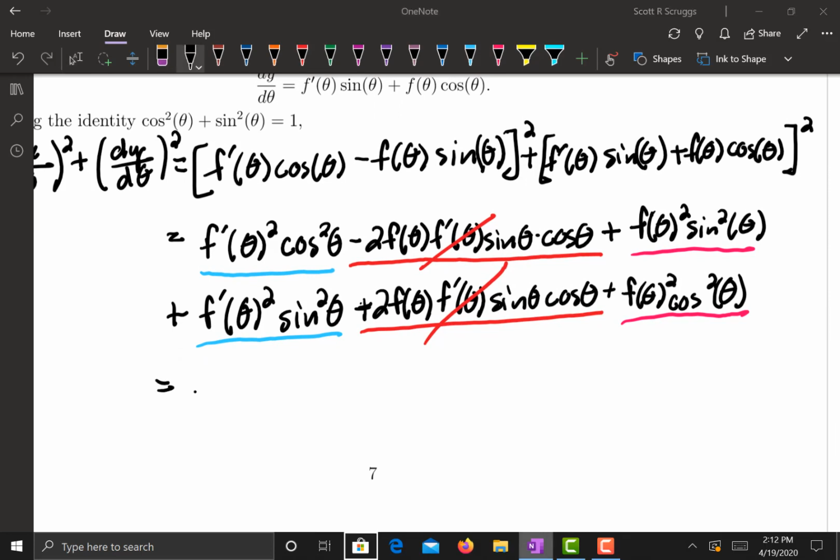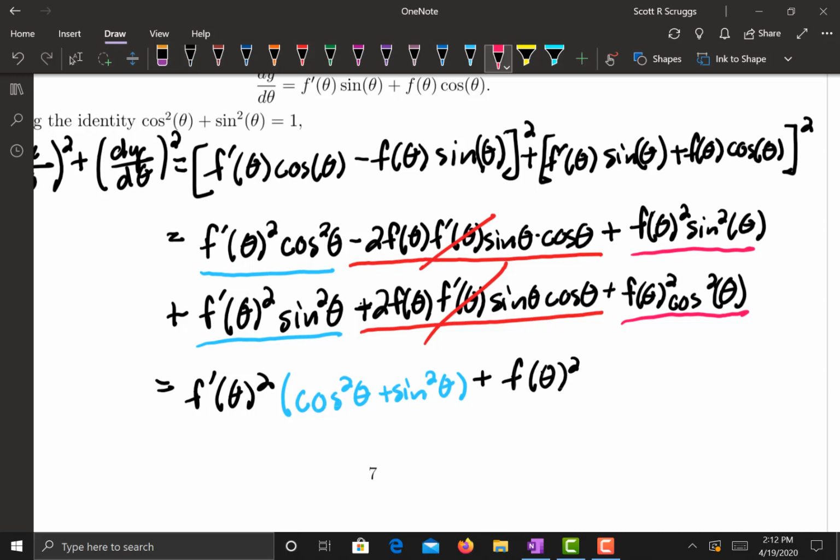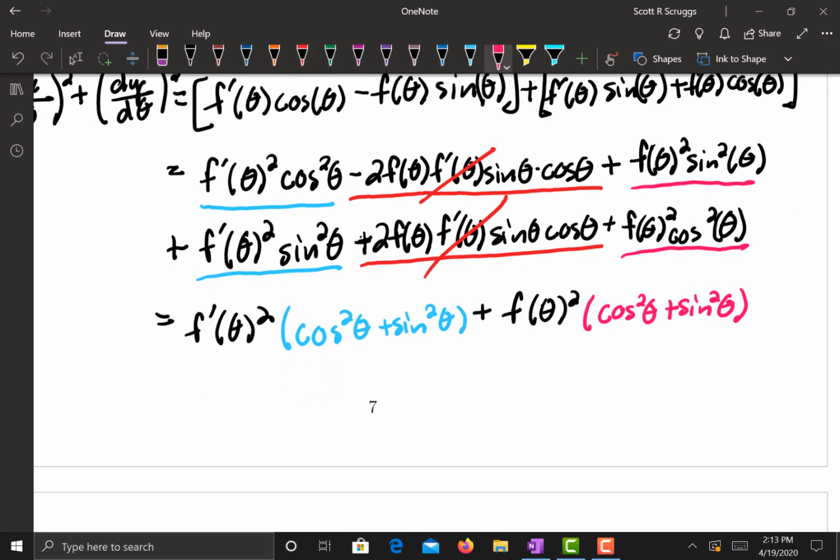Meaning I get the following. You get f prime of theta squared times cosine squared of theta plus sine squared of theta, plus f of theta squared times cosine squared of theta plus sine squared of theta. And I say from here, I win. Because that is just a fancy way to write 1 for both of them.